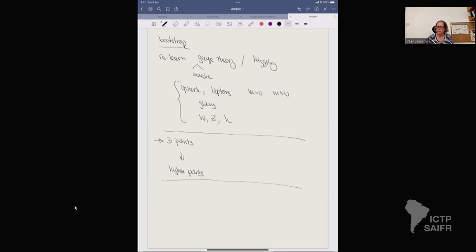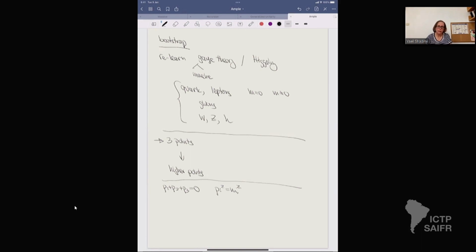The 3 points are less funny than in the massless story, but still have some subtleties associated with them. With our convention that everything is incoming, we have P1 plus P2 plus P3 equals 0, with Pi squared equals Mi squared.